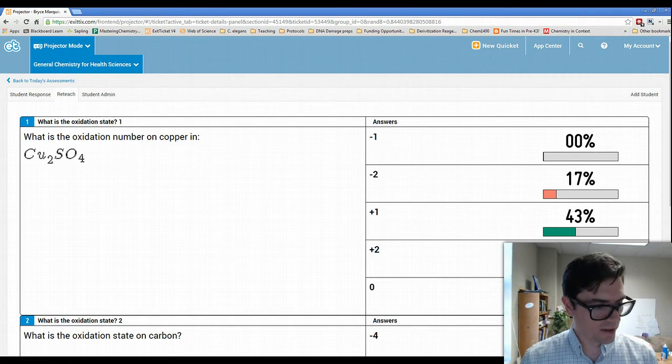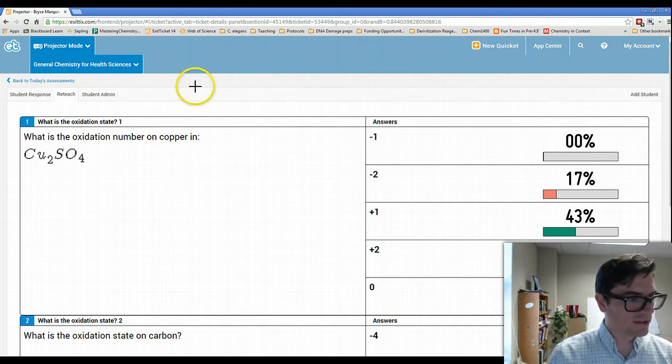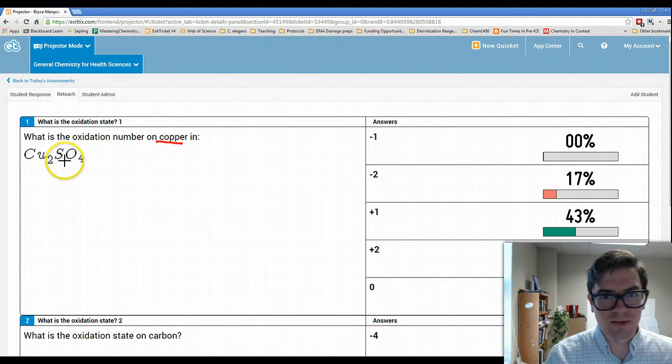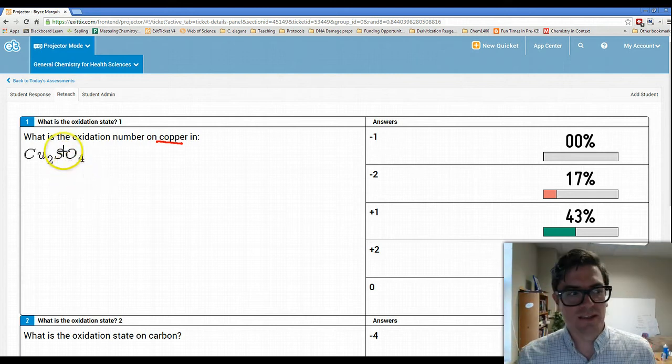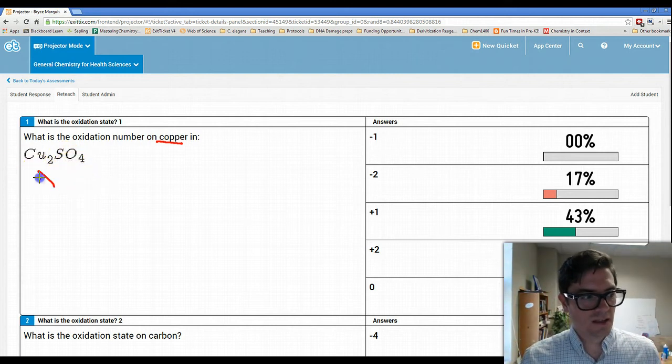Okay, so we looked at this first exercise and said, what is the oxidation number on copper? So we need to think about our rules that we talked about in class today, and this copper is a monatomic ion, so the question is, what is that charge?